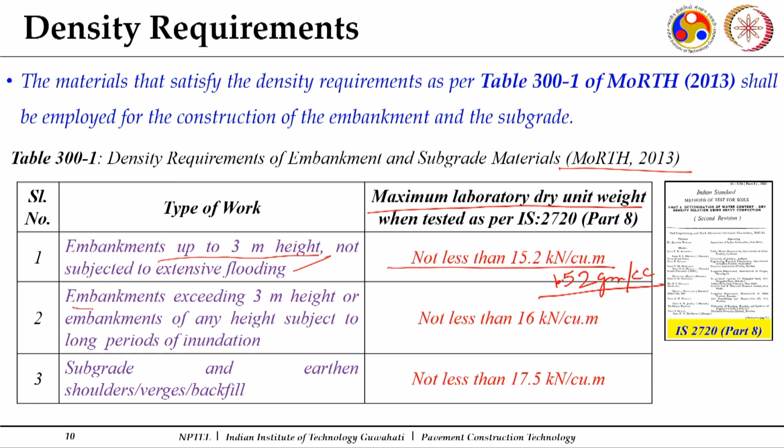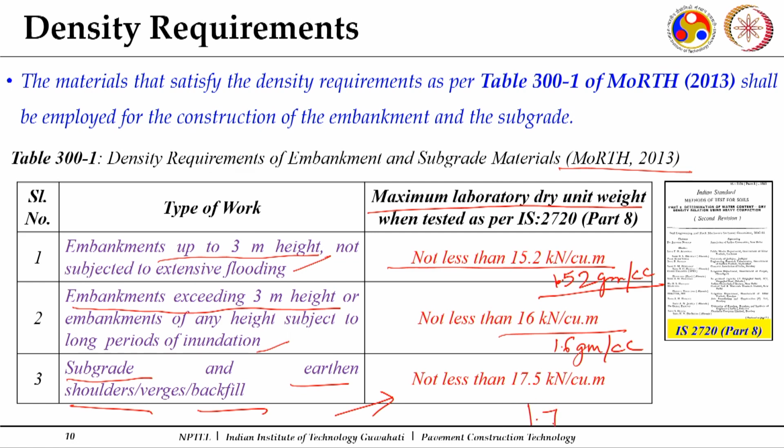So, the density should not be less than 1.52. And it says, if you are using it for embankments of height exceeding 3 meters, which may be submerged in water for a longer period of time, then the density should be at least 1.6 gram per cc. And if you are using it for subgrades, earthen shoulders and backfill materials, then it should not have a density less than 1.75.